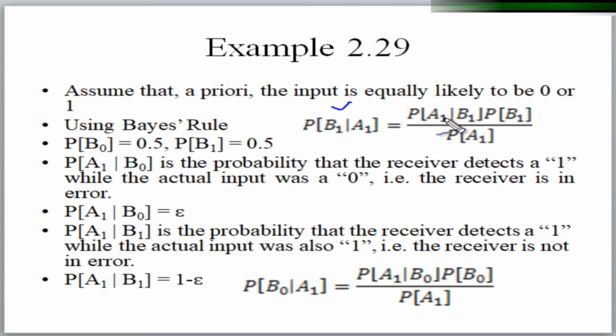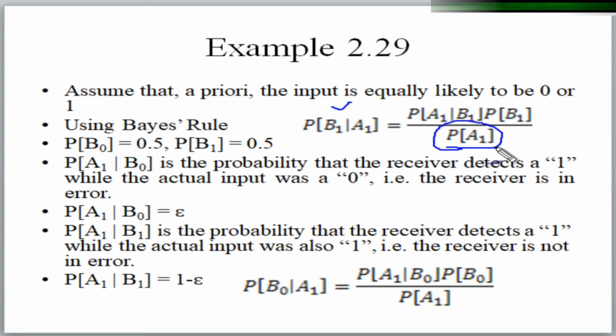This is equal to the probability of getting 1 given that we have sent 1, times the probability of 1, which is half, divided by the probability of getting 1 as the output. How can we find that? As I have told you, the probability of getting 1 given that we sent 1 multiplied by the probability that we sent 1, plus the probability of getting 1 given that we sent 0 multiplied by the probability of sending 0 as well.